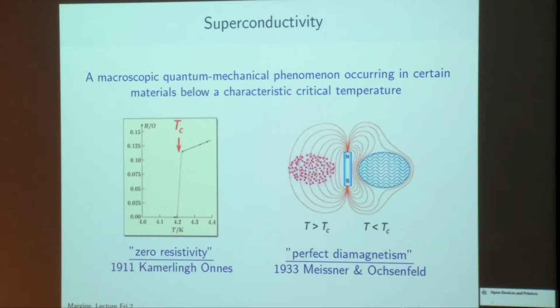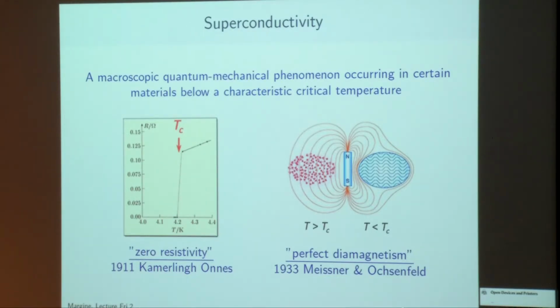But unfortunately, as I said, the widely used commercial superconductors operate at helium temperature. And this is not sustainable in the long run because helium is scarce and also expensive. So we are going to run out of helium at some point.